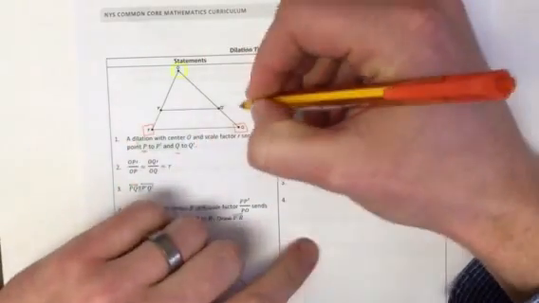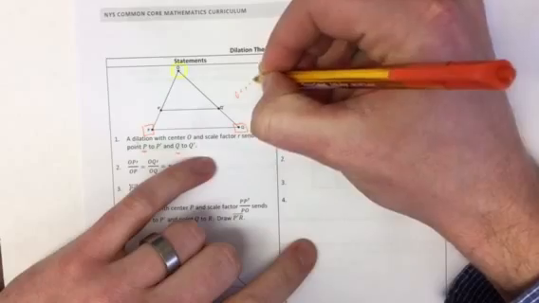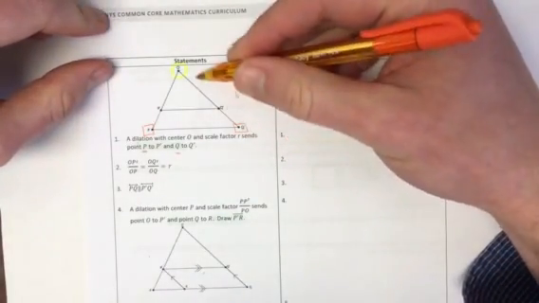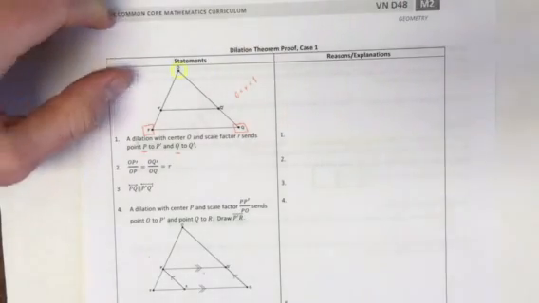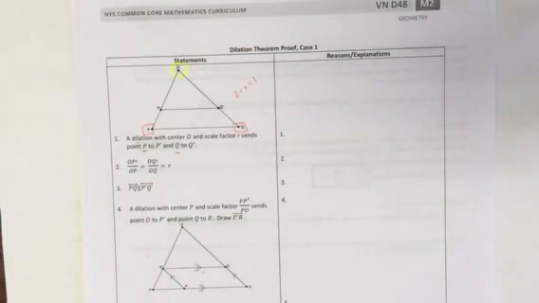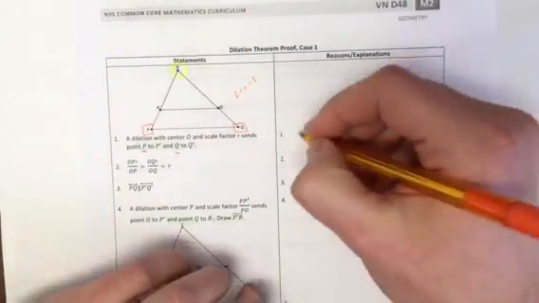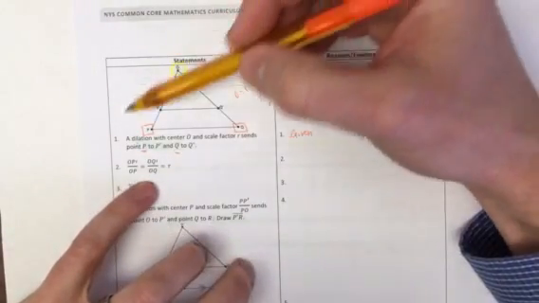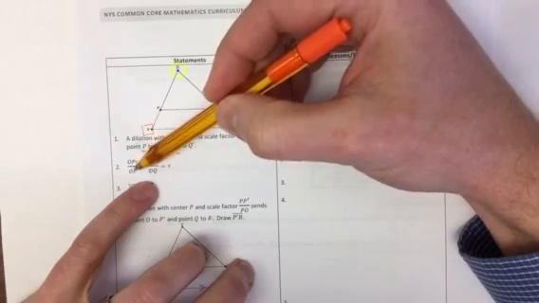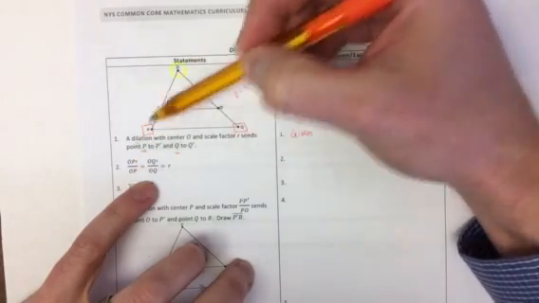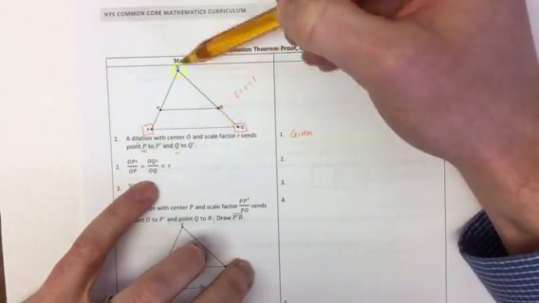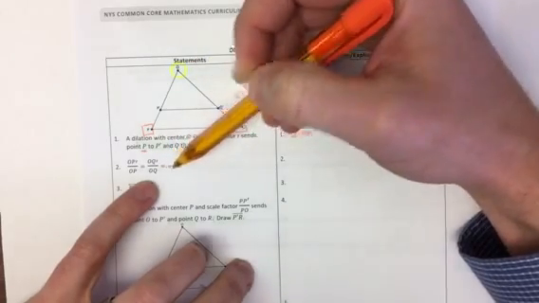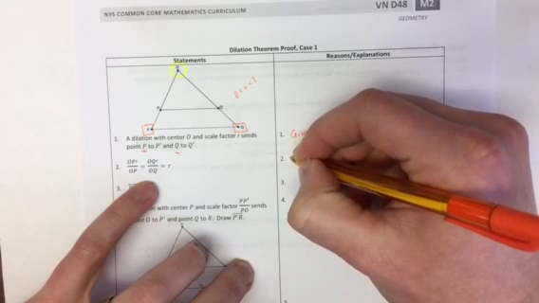Just by looking at this, I understand that R must be between 0 and 1 because it reduced. I have to justify each thing that I'm doing, and this is one of my givens. I know that OP prime over OP and OQ prime over OQ should equal R, and that's really the definition of dilation.